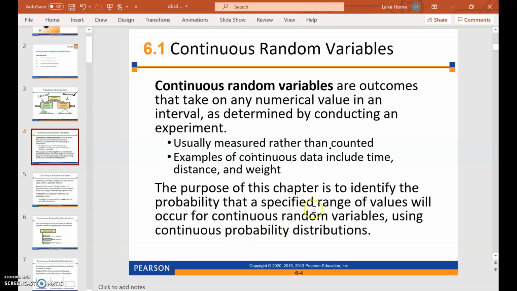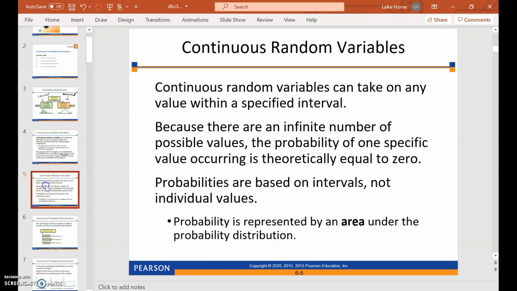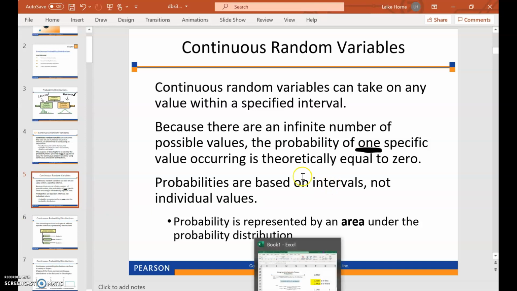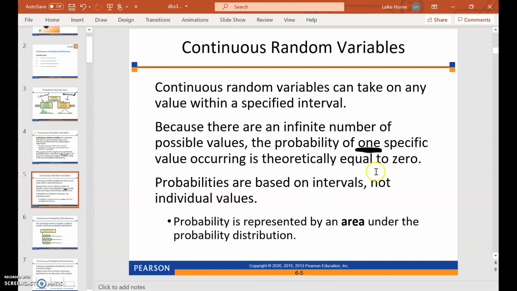So the purpose of this chapter is to identify the probability that a specified range of values will occur for continuous random variables. Okay, continuous random variables can take on any value, and because there are an infinite number of values, the probability of just one specific value is pretty much equal to 0.